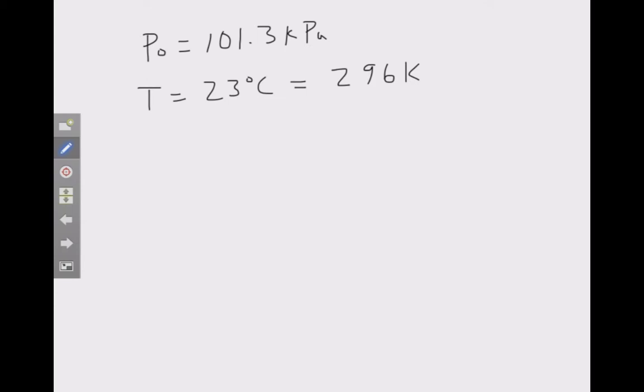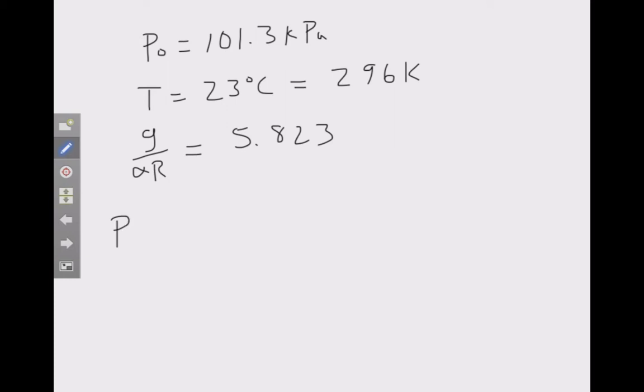We're also going to use the fact that the exponent of that equation, g over alpha R, turns out to be 5.823. So we just plug in.